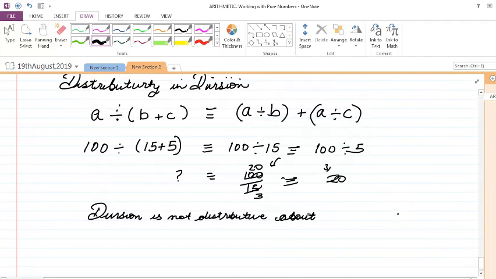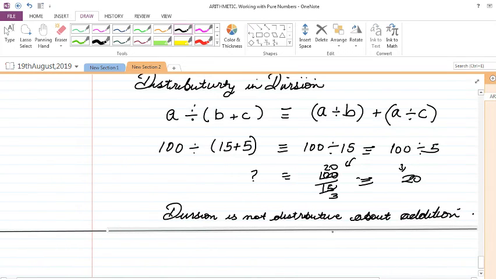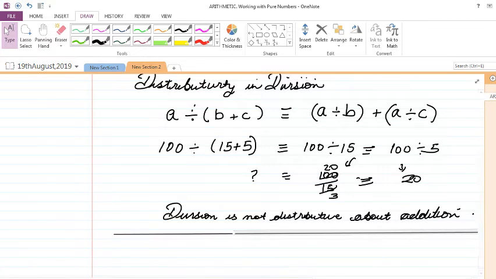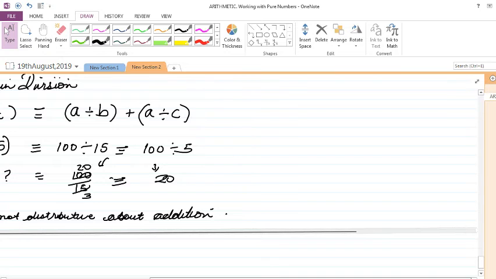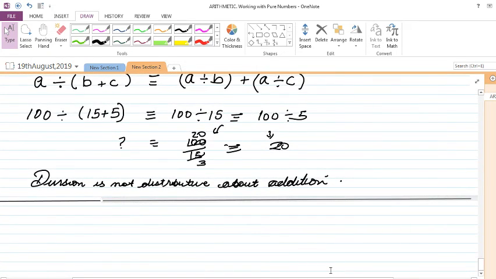I'm sorry. Alright, so we're going to find out what will happen. Division is not distributive about addition.